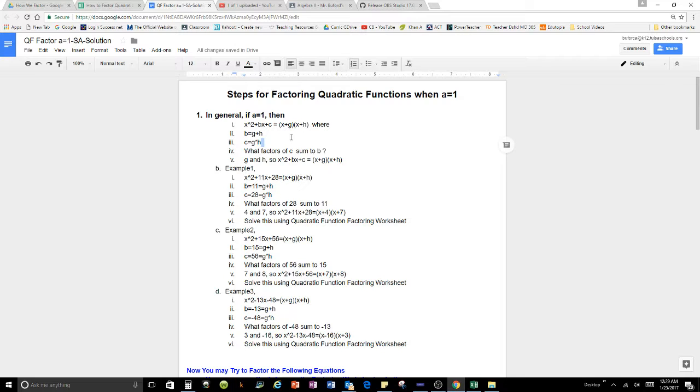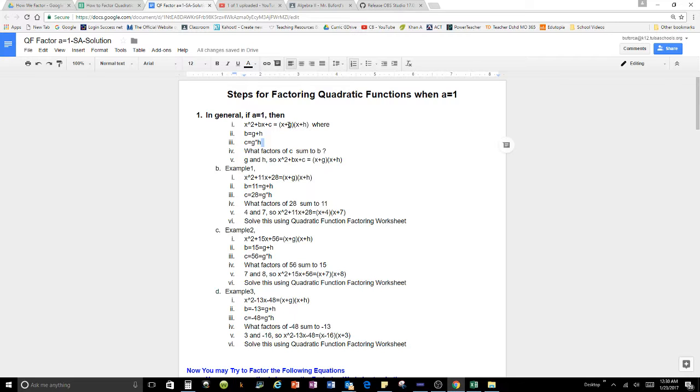And so our goal is, whatever quadratic function we have, we want to break it up. A quadratic function is a trinomial because it has three terms: the x squared term, the bx term, and the c term. We want to be able to break that trinomial up into the product of two binomials.